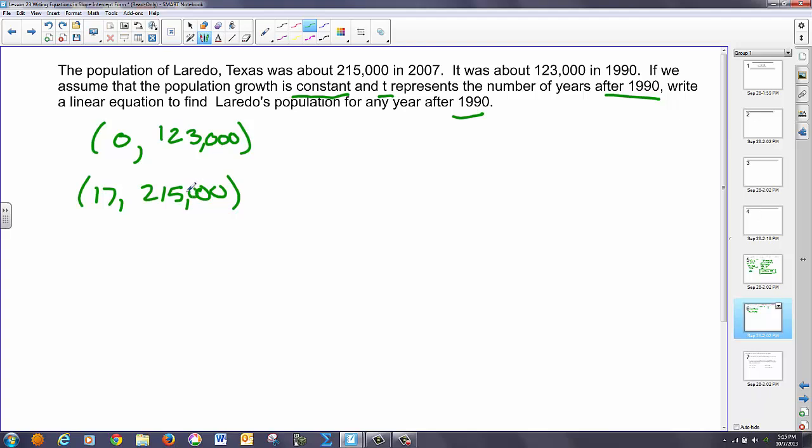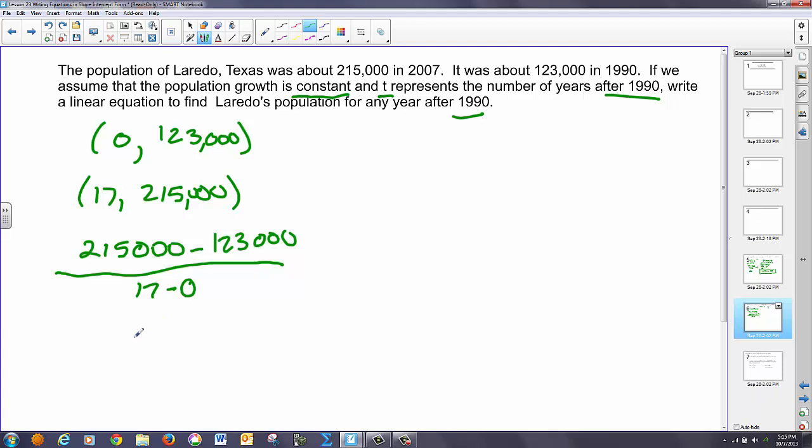Again, we're going to find a slope by taking 215,000 minus 123,000 over 17 minus 0. And that will equal our m value.